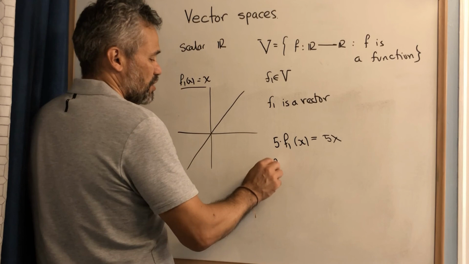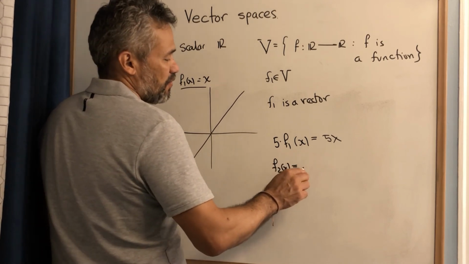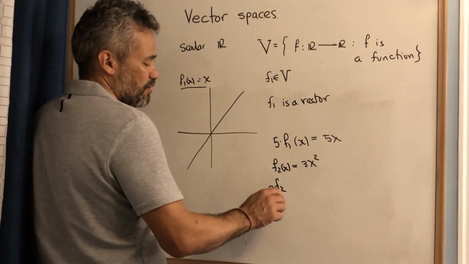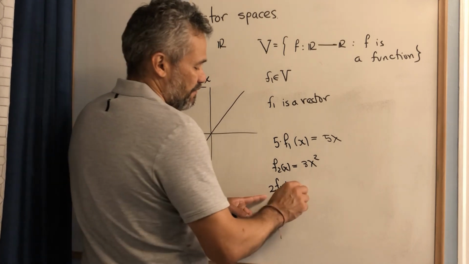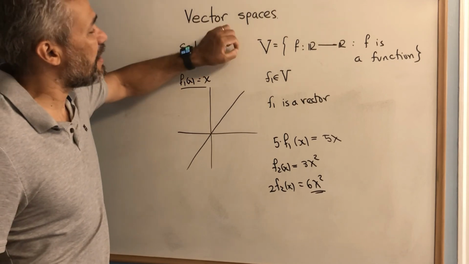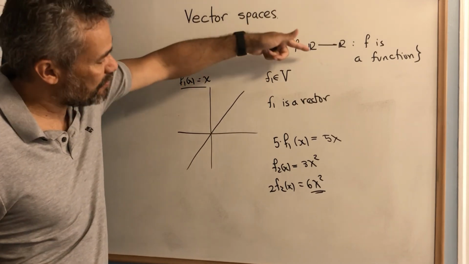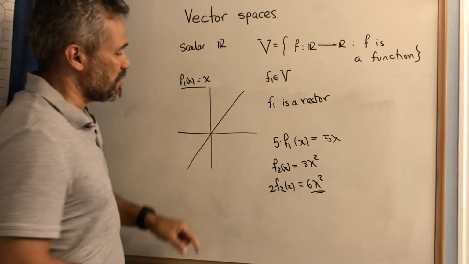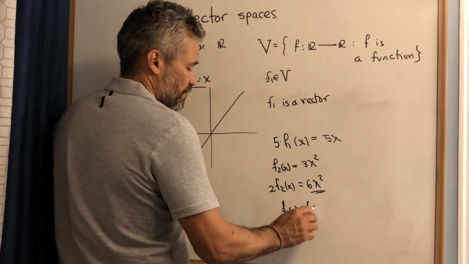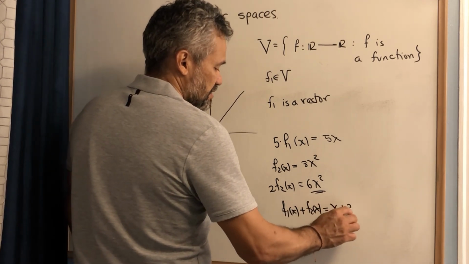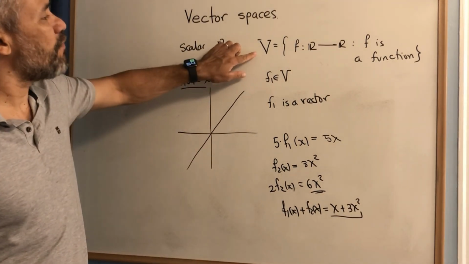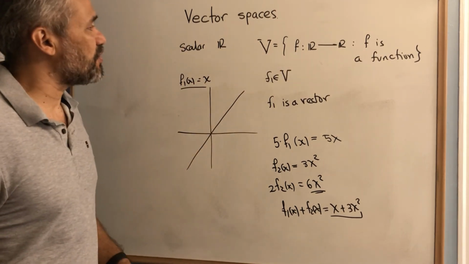And if we have the function f2 of x equal to 3x squared, then 2 times f2 of x would be the function 6 times x squared, which is also a function. When we have a scalar and multiply it by a function, we get another function, and we can add two functions. In this case, f1 of x plus f2 of x would be x plus 3x squared, which is also a function. Then the collection of all functions is a vector space.